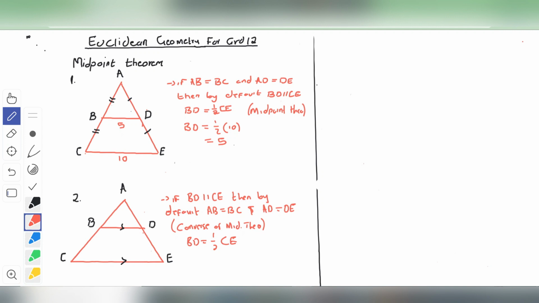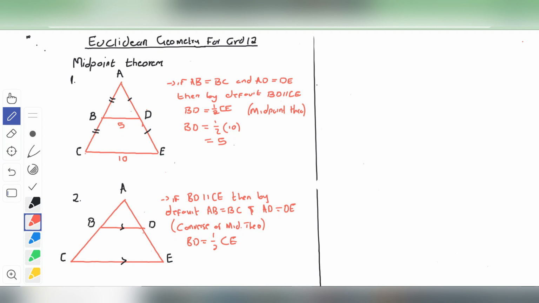And remember, whenever AB is equal to BC and AD is equal to DE, then by default BD is parallel to CE. It's going to help you a lot, mostly whenever you're going to prove similarity or one of those kinds of things. So now let's continue and do the proportionality theorem.